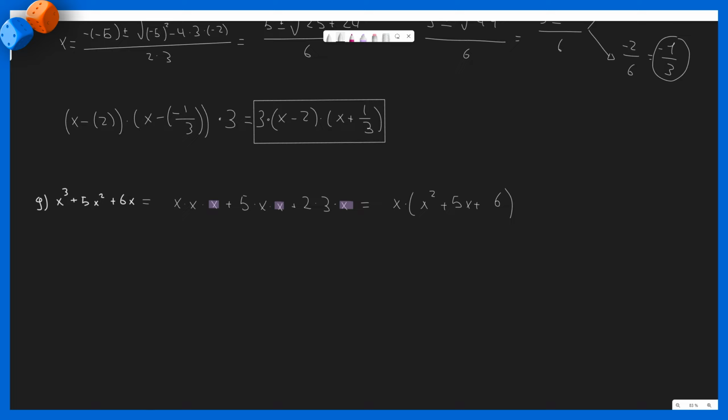Now, we have an expression inside of the parentheses that is a polynomial, a second-grade polynomial. So we will keep factorizing it as if it wasn't being multiplied by x.